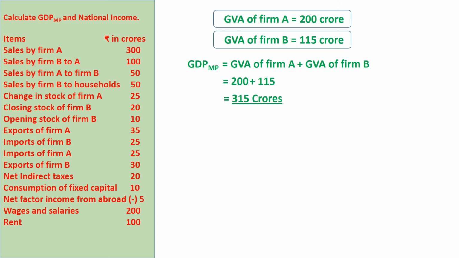Now we will calculate national income or NNP at factor cost.